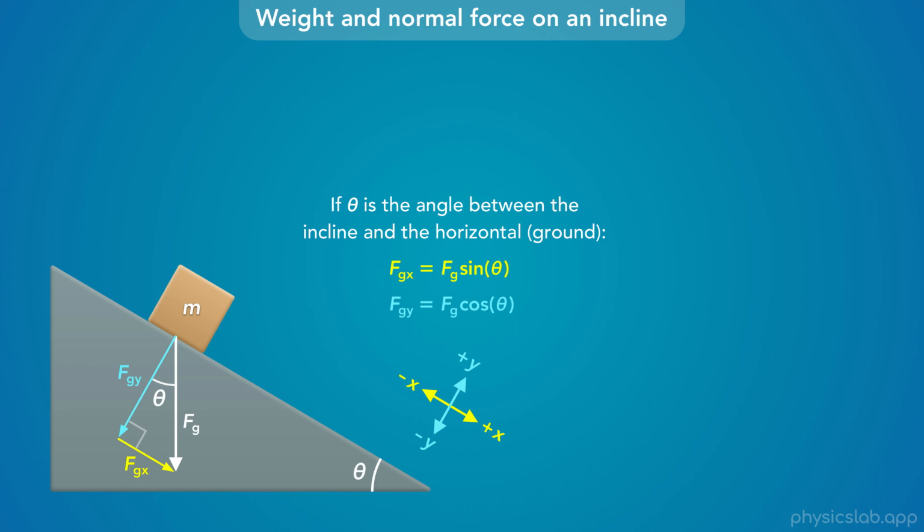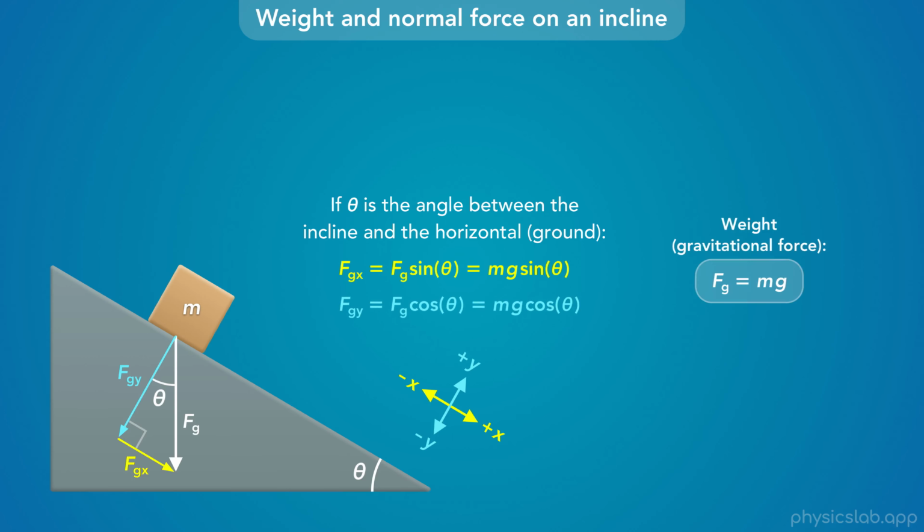So in general, if an object is on an incline, and if theta is the angle between the incline and the horizontal, or the ground, then theta is also the angle between the weight force vector and the y component, assuming the y-axis is perpendicular to the incline. If that's all true, then Fgx is equal to Fg sine of theta, and Fgy is equal to Fg cosine of theta.